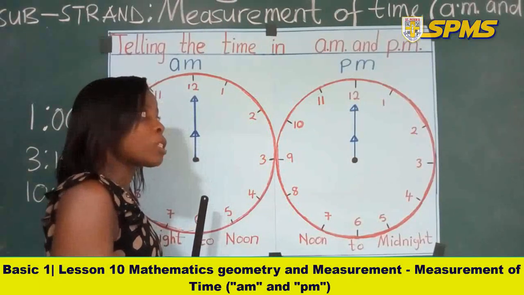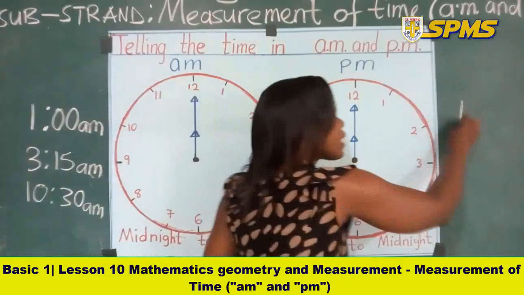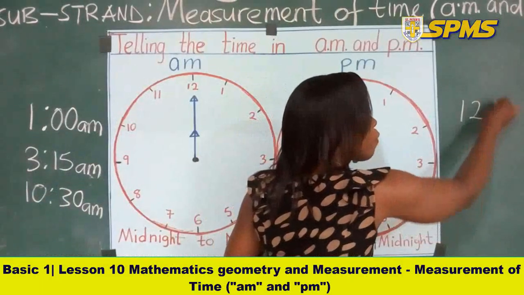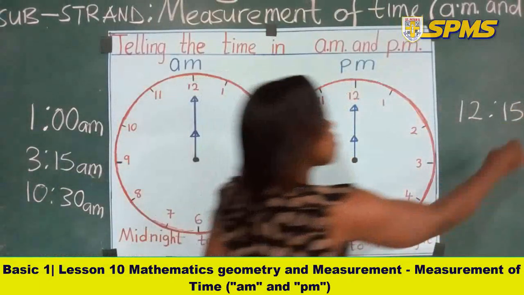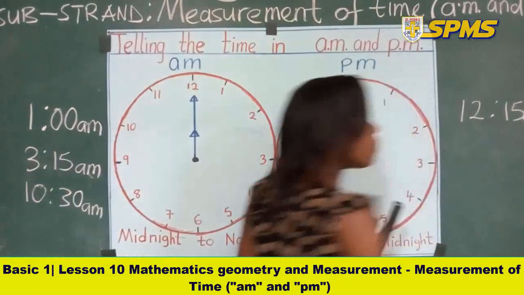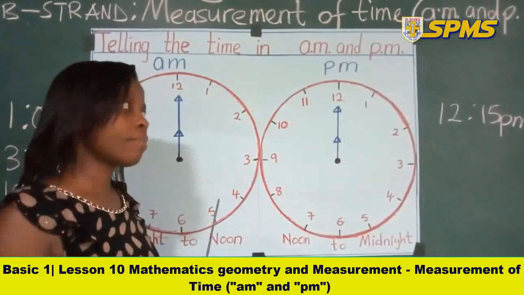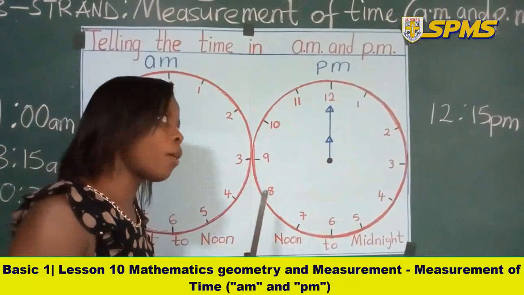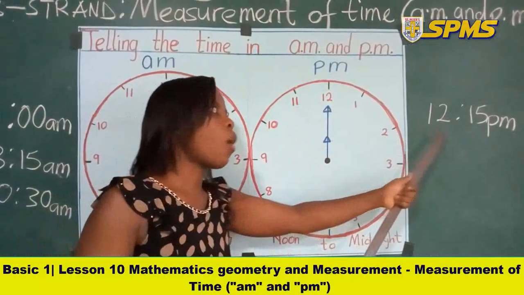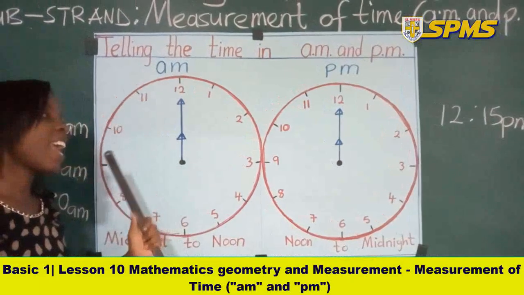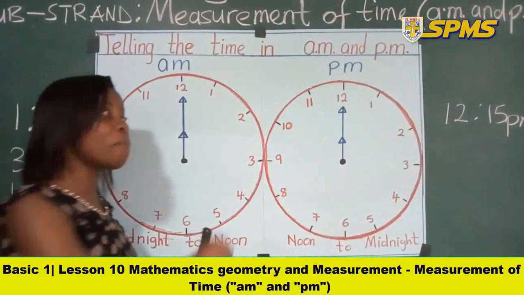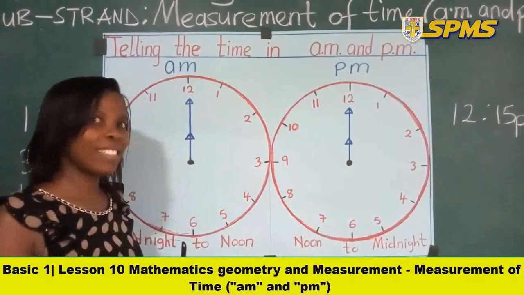Let's say if the time is 12:15, you write 12:15 PM. So now the time is in PM, not in AM. That means you are in the second part of the day.